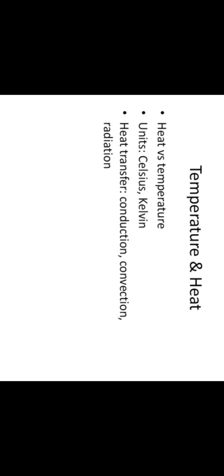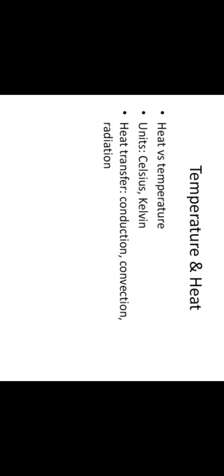Next is the absolute scale. In the absolute scale, the zero is named absolute zero and denoted as 0 Kelvin. Absolute zero is the temperature at which molecules have zero speed. That is, 0 Kelvin is equal to minus 273 degrees Celsius.